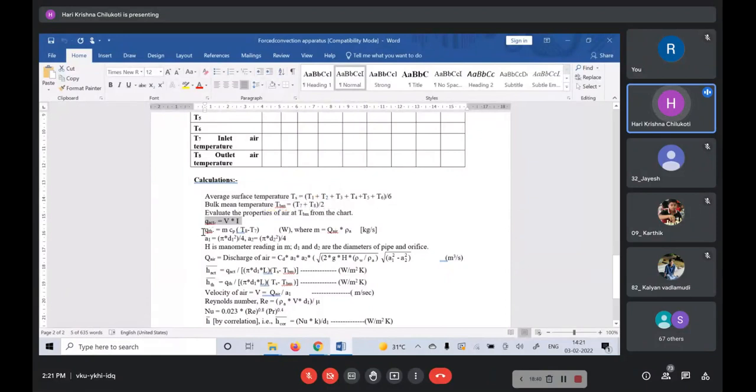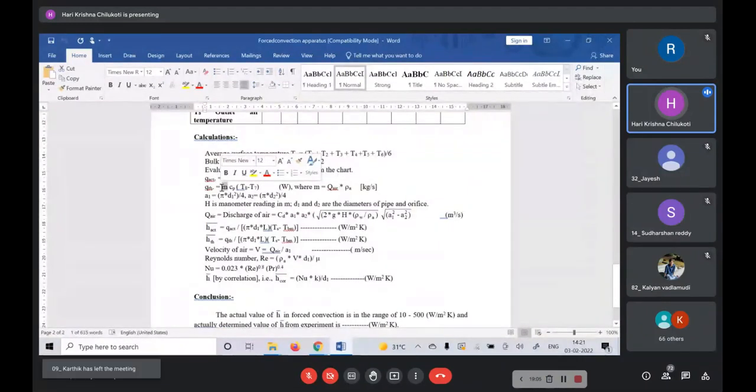So the total heat gained by the air is equal to m cp (T8 minus T7). Here m is the mass flow rate of the air, and Cp is the specific heat of air. Generally speaking, this Cp value should be obtained at the bulk mean temperature.